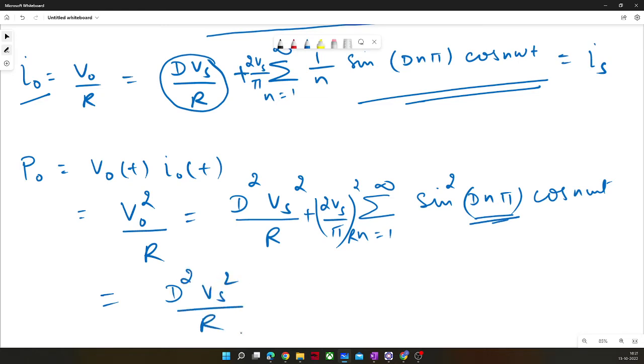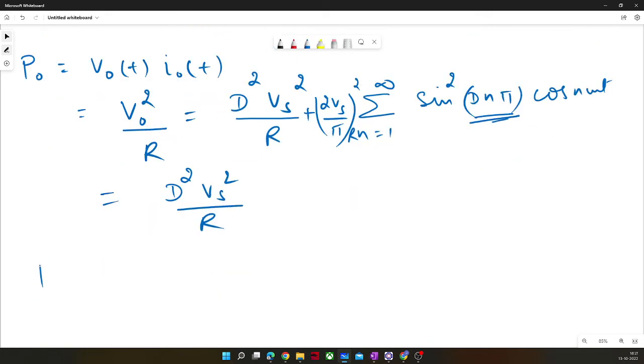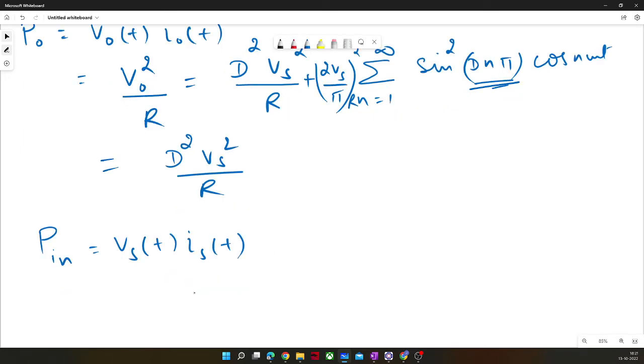But if you see from the input side, you will get some harmonic component as well. So that you will receive as Vs(t) into Is(t). If you compute, Vs is the same because Vs is DC here, but Is is equal to I naught.